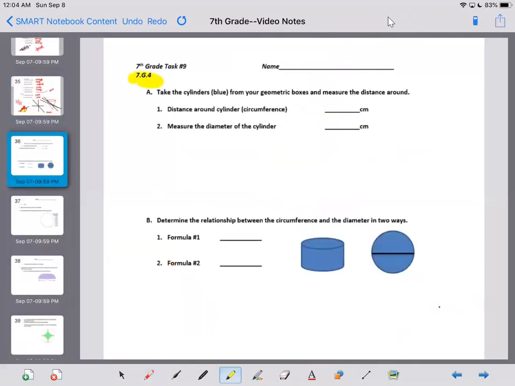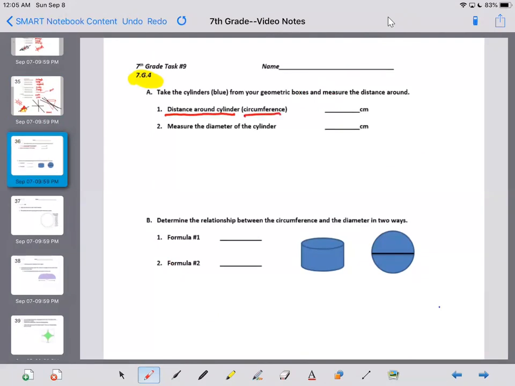(7G4). So we're going to be looking at cylinders. We're going to be looking at circumference, diameter, and area. So when you take any type of circular object, if you measure that distance around the cylinder, then you're creating circumference.